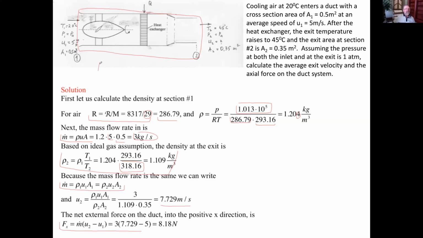So Fx is equal to the mass flow rate times U2, which is exiting, minus the mass flow rate times U1, entering. The pressure terms disappear. This is exactly what we have here because the mass flow rate is the same. We just plug in the numbers. It's 8.8 Newtons.